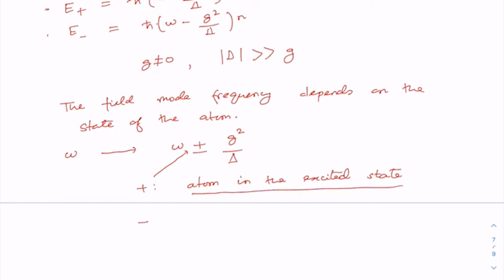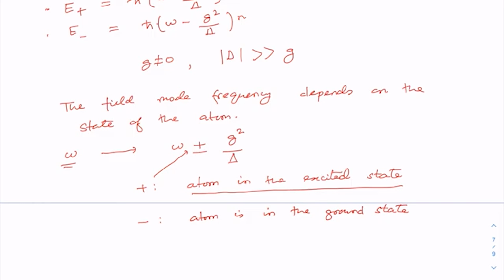On the other hand, the minus case, the lower case, refers to the fact that the atom is in the ground state. That means if you measure the field frequency and it is lower than the original frequency of the field mode, then you will automatically know that the atom is in the ground state.